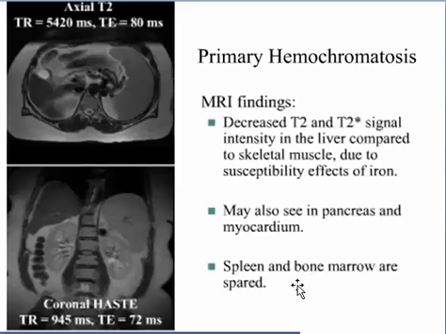Spleen and bone marrow are spared. So the spleen in primary type is spared, while the pancreas in the secondary type is spared. So in primary type we have the liver alone, plus minus pancreas. In the secondary type we have liver and the spleen, and no pancreas and no myocardium.